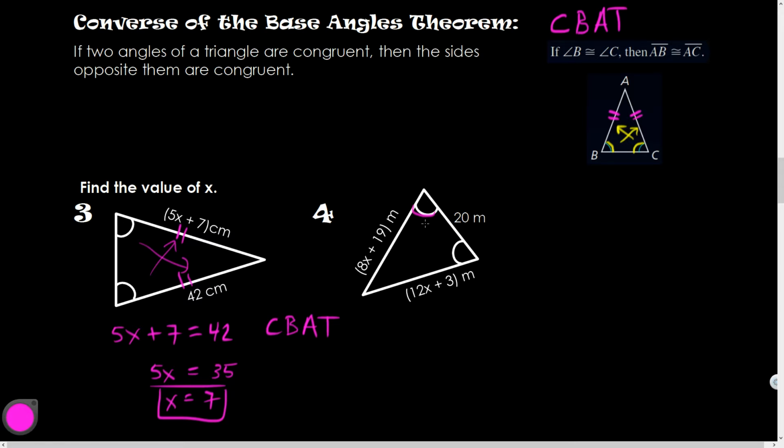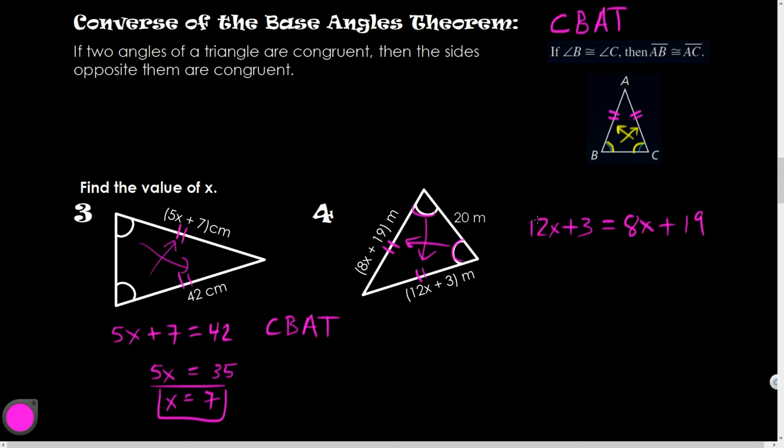Similarly here, these angles are congruent, so the sides opposite are congruent. And actually, I don't even need this 20 meters. So I'm going to call this 12x plus 3 is equal to 8x plus the 19. Why is that true?